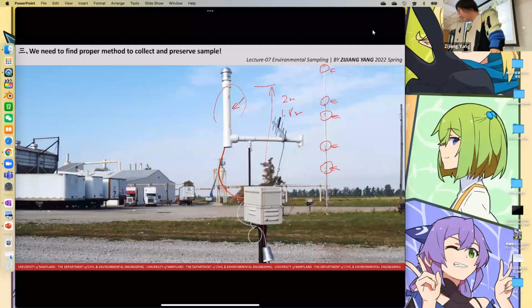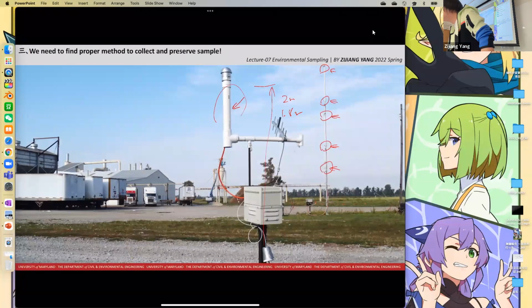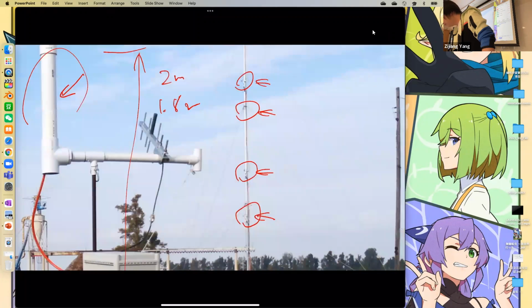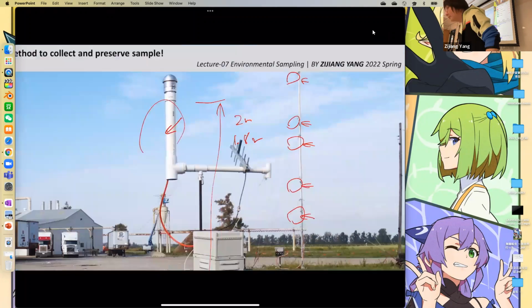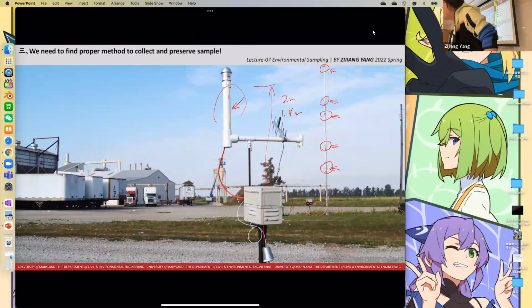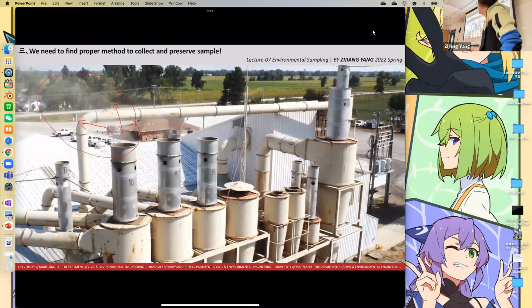Are there samplers in the actual plume itself, in the structure where it comes out?